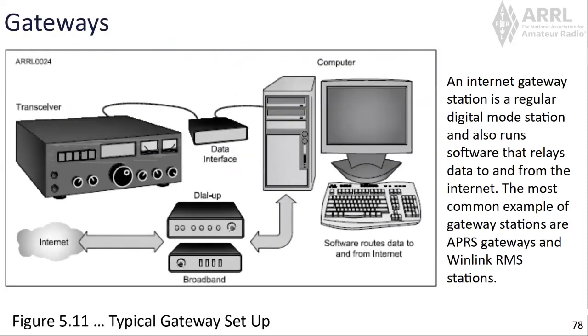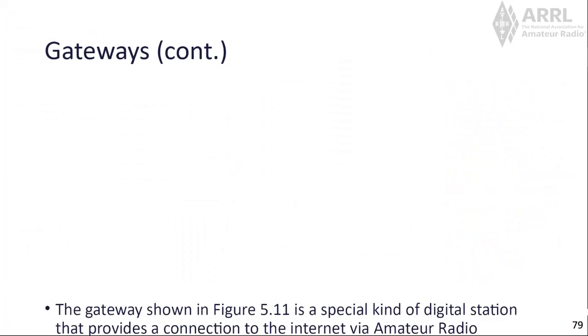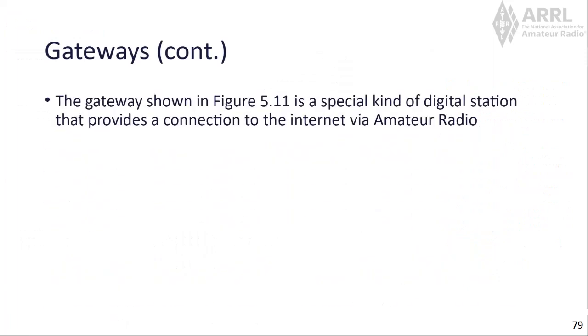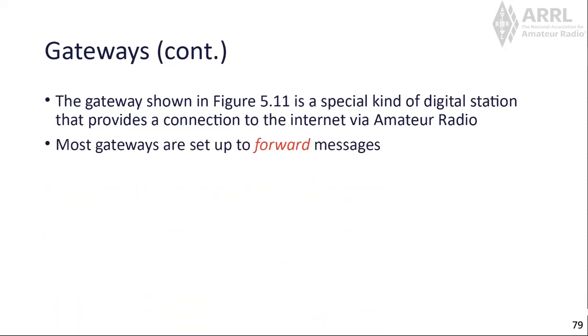There it is again. Okay, this is a gateway. A gateway is a way that you can connect your radio to the internet. And that works for APRS and WinLink, okay? The gateway shown in that previous figure is a special kind of digital station that provides a connection to the internet via amateur radio, okay?